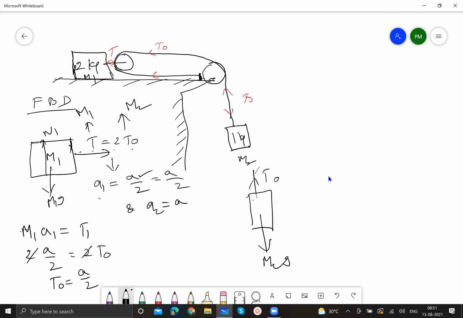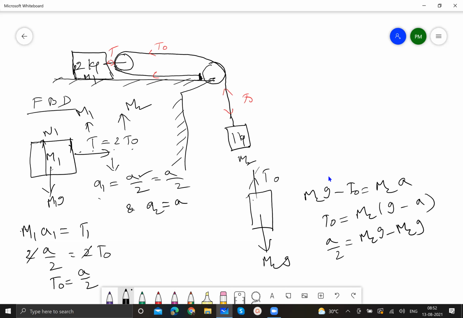Then coming to this, M2g minus T naught is equal to M2A. So T naught is M2 into g minus A. So this T naught, I got A by 2, is M2g minus M2A.